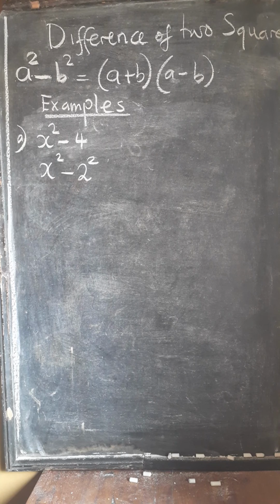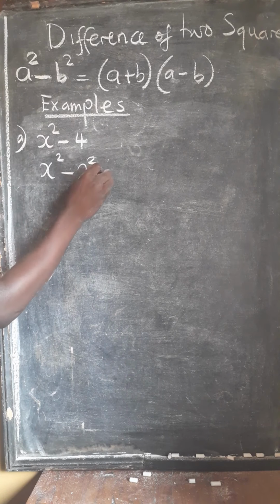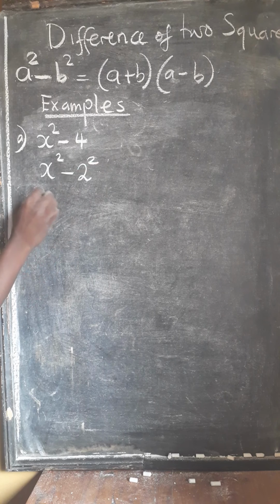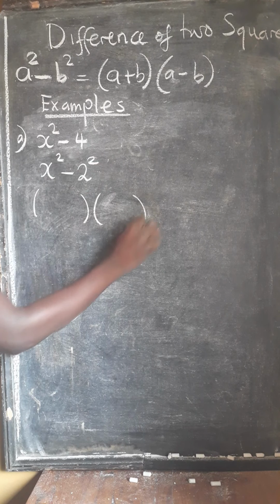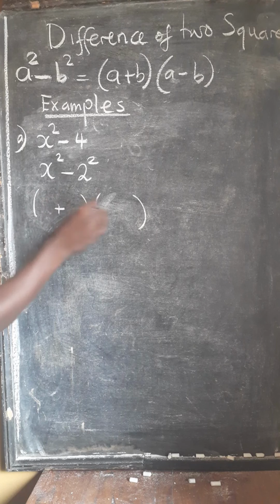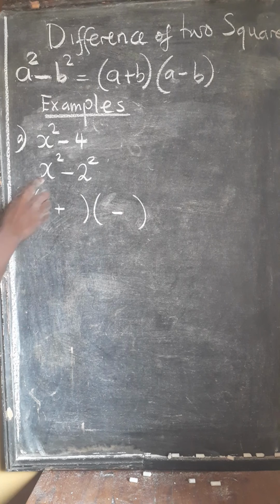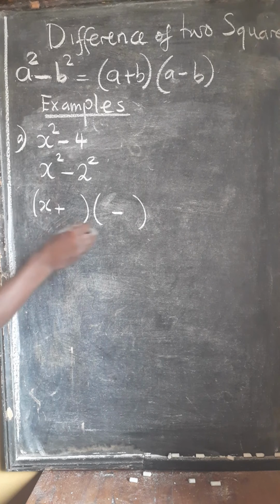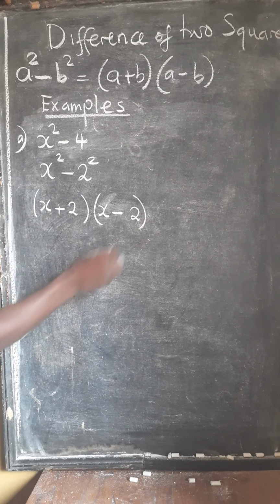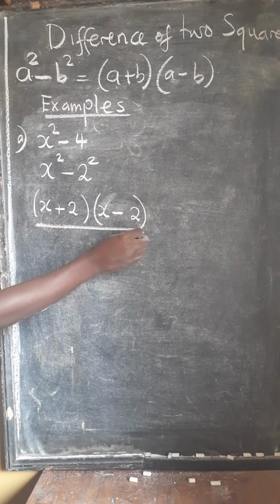Once we get to this point, we're going to have two factors, with a plus and a minus. Once they have been squared like this, the factors will be x plus 2 and x minus 2. This is what we're going to have.